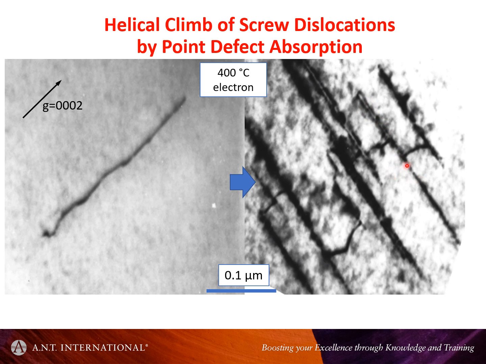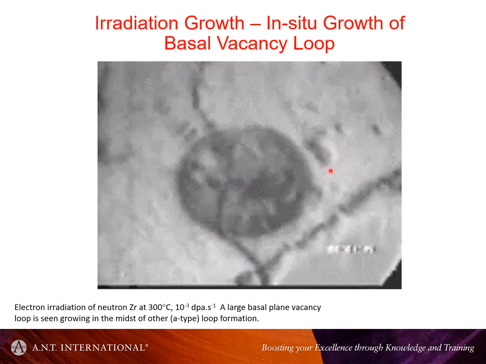Now, it's often difficult because there's a whole bunch of other damage going on, obscuring the contrast. But if we go to a high temperature irradiation, and where I already have a c component loop, so imagine this is a loop which is viewed edge on, and now we look at the loop, but looking at it from top down.